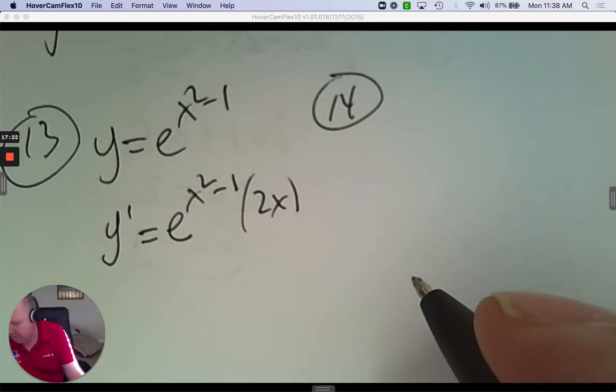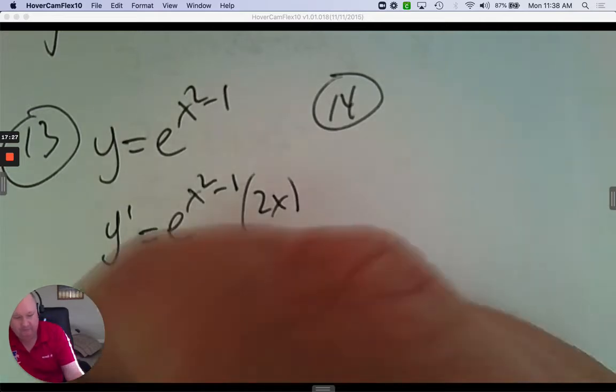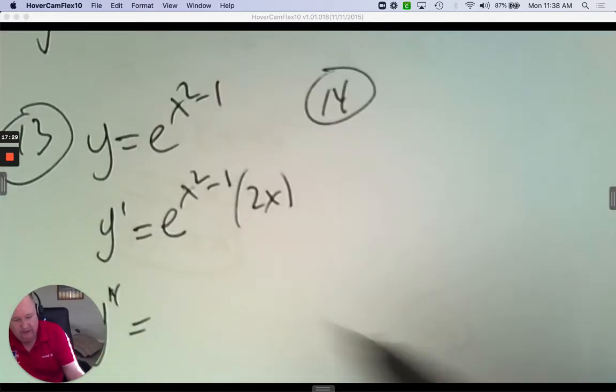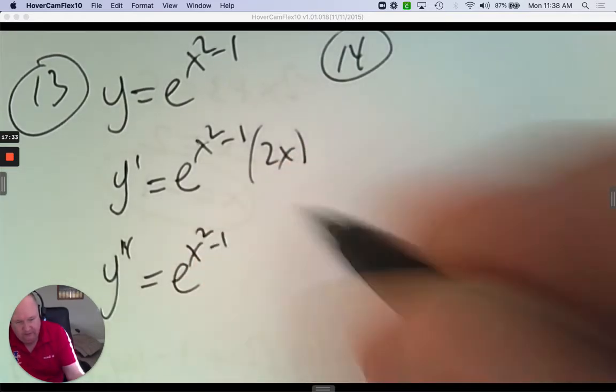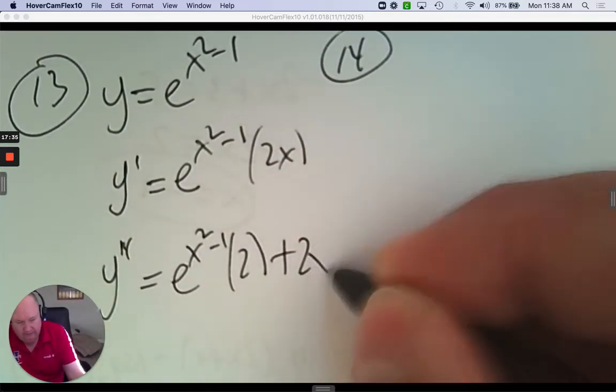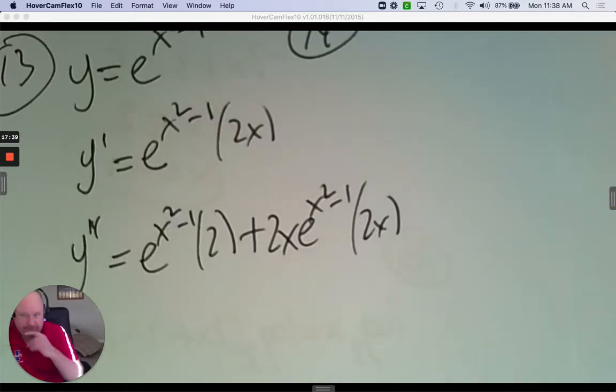Oh, it asks you for 13 to do the second derivative. So the second derivative is going to be the product rule. That's the first times the derivative of the second plus the second times the derivative of the first. You don't have to simplify it.